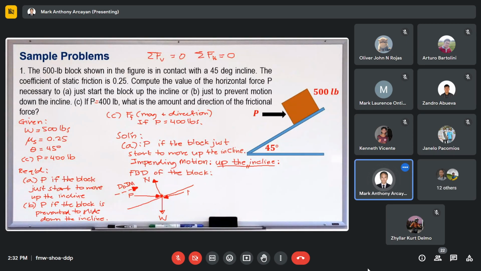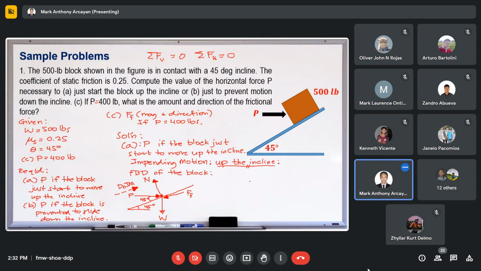This is F sub F. The angle here is 45 degrees, so by geometry the angle between the force P and the incline is 45 degrees also.